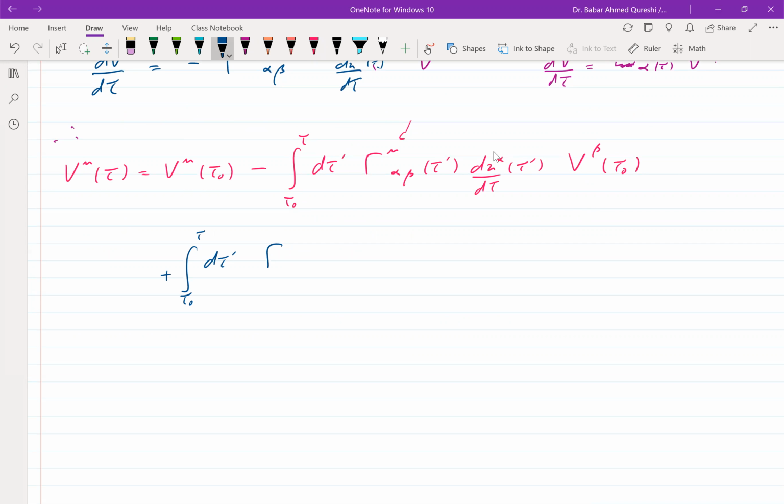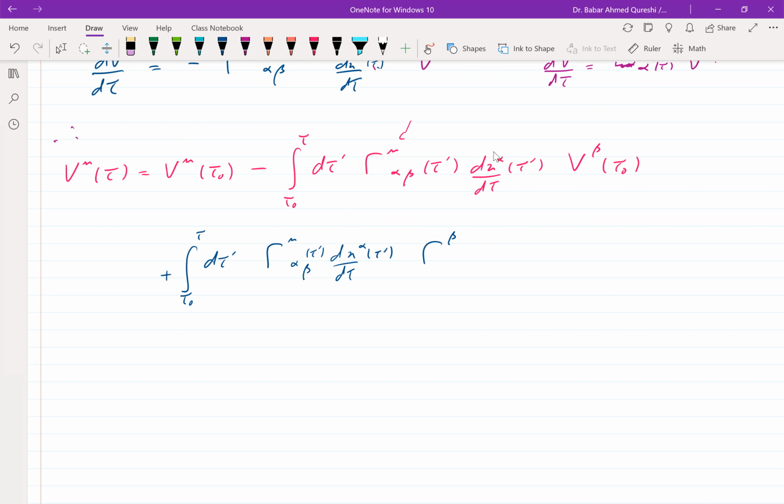Gamma mu alpha beta d, and this depends on t dash, dx alpha over d tau, and this depends on tau dash.